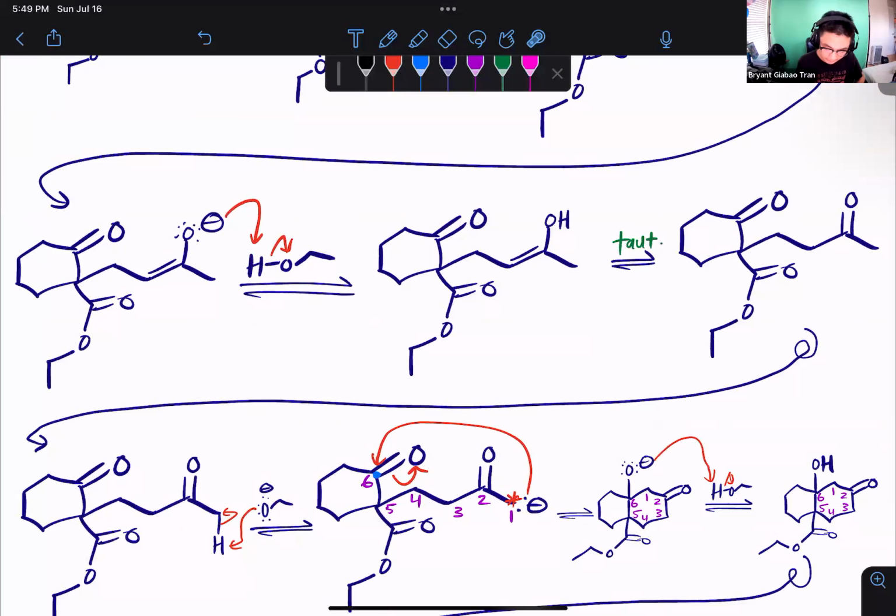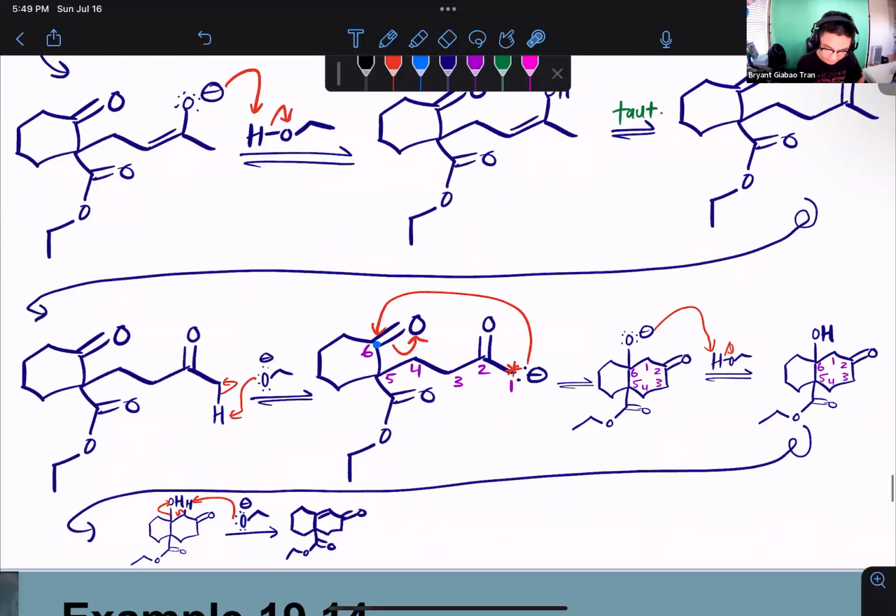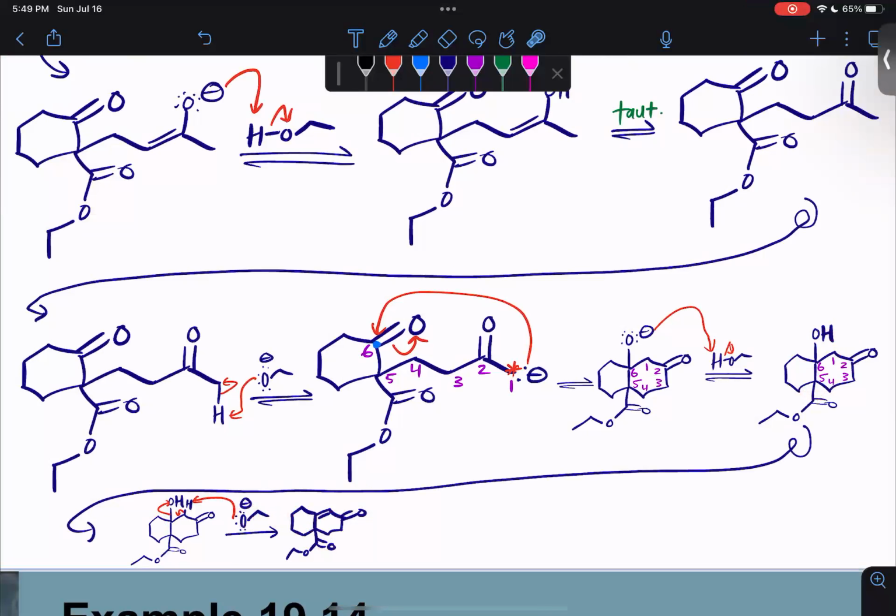After you do the Michael reaction, you do the intramolecular aldol reaction. And then after that, you have this aldol condensation product. You do dehydration to get the enone. And what's dehydration with again? Heat and base. Okay, for base catalyzed.